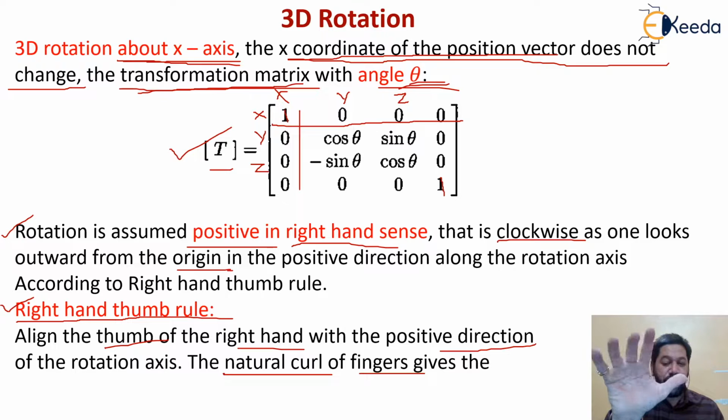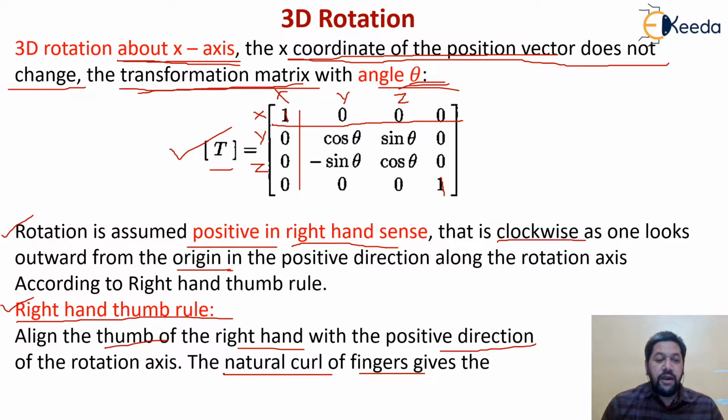Then the natural curl of these fingers gives me the positive direction. If you want to see it practically, apply this to any object, and you will see that the natural curl of the fingers gives the positive direction, and the reverse case will definitely be the negative angle of rotation.